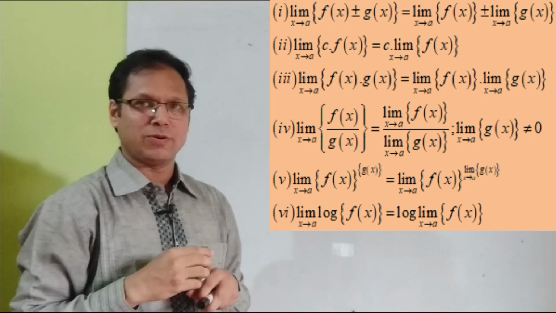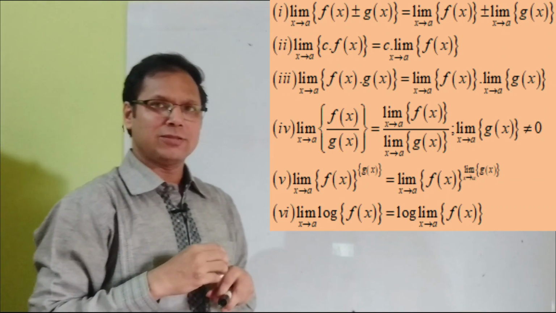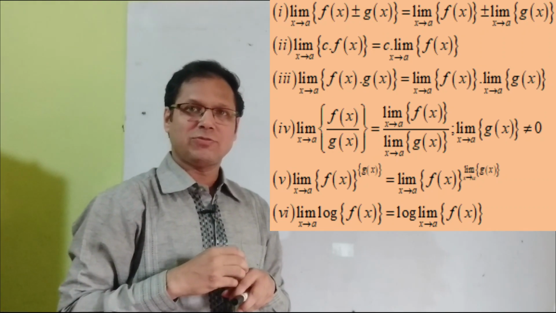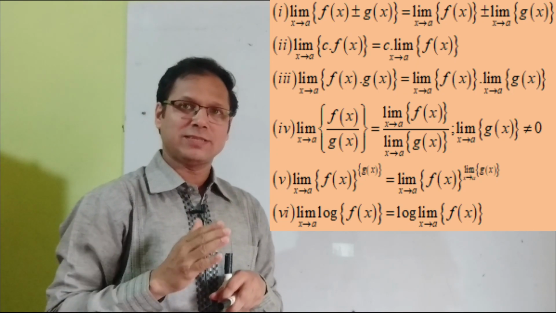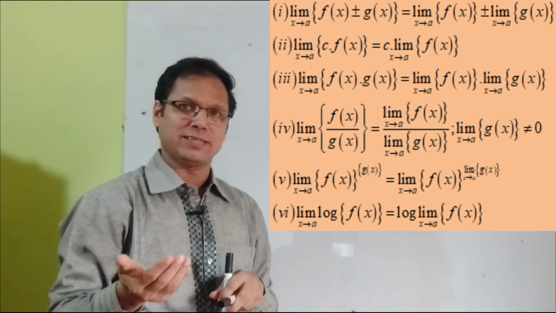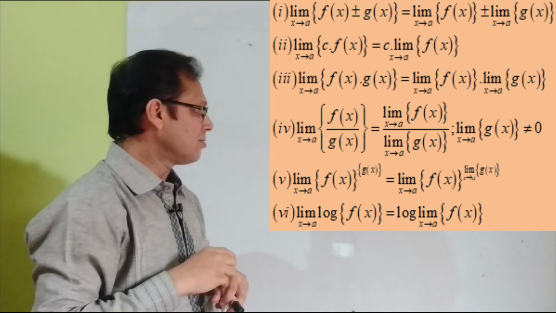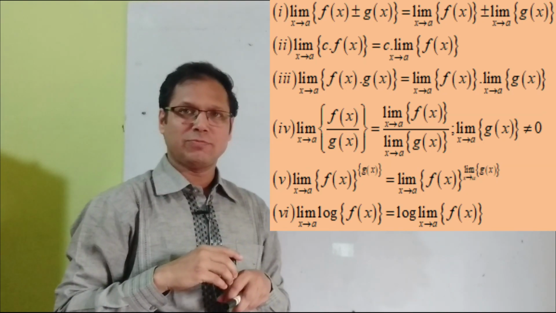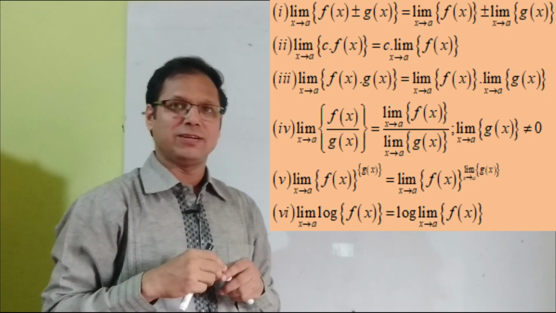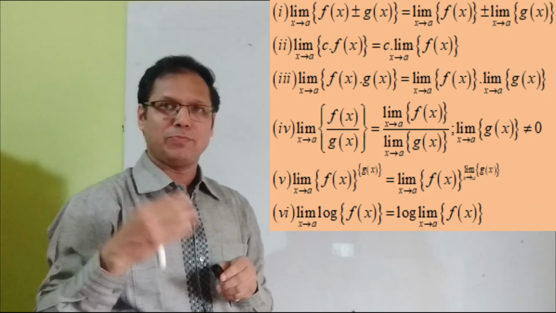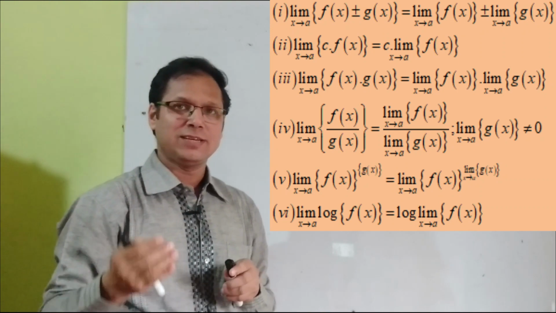Now we'll take the product formula, that is the third one. You read the third one, that is limit x tends to a f(x) into g(x), if given, then limit x tends to a f(x) into limit x tends to a g(x). Now we'll take the quotient formula, that is the division formula, limit x tends to a f(x) by g(x), if given. This one can be written as limit x tends to a f(x) by limit x tends to a g(x).